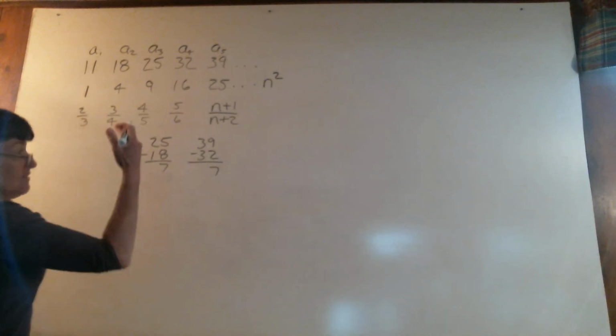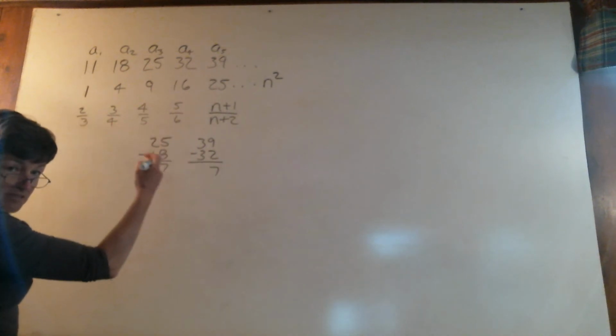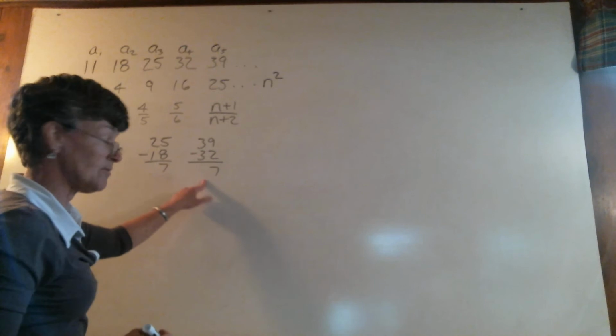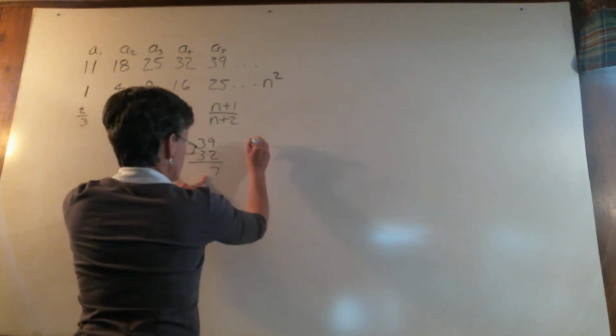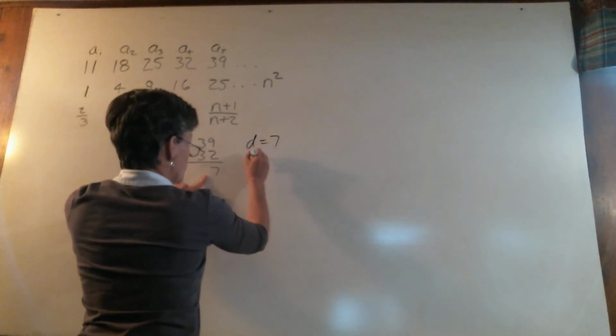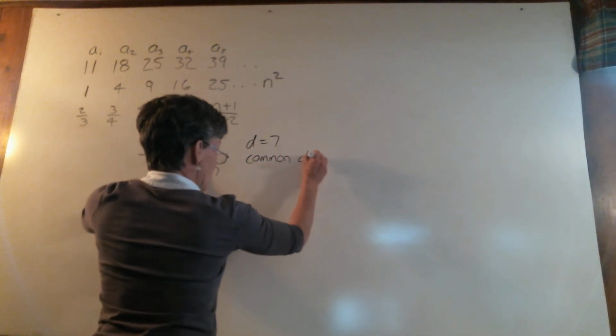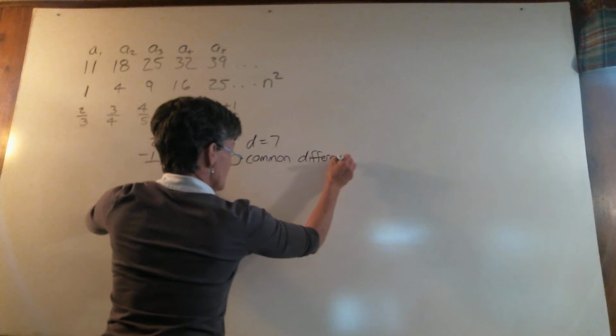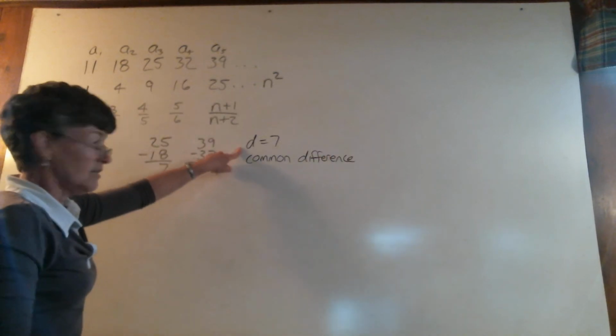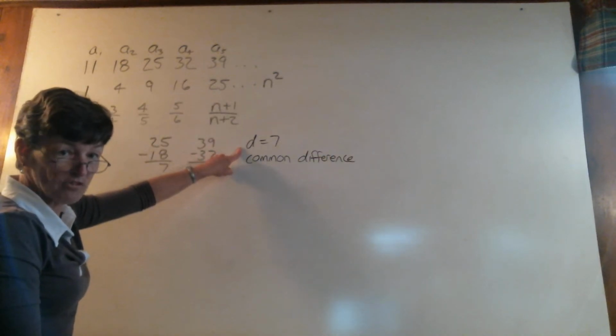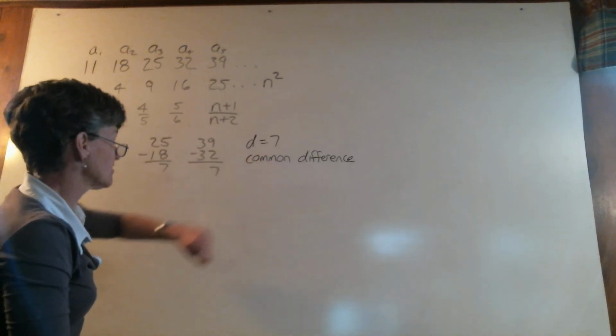So if I take any two numbers side by side and I subtract them, I'm going to get the same number. This number right here is called our common difference. So an arithmetic pattern has a common difference: the same number being added or subtracted to get the next number each time.